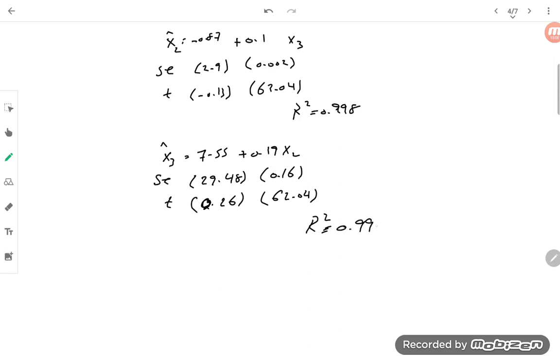And also, if you are going to run the regression for x3 on x2, it will be 99.8%. Now we are going to make a regression for y on x2 and y on x3, which means that we are going to drop one of them in each estimation.